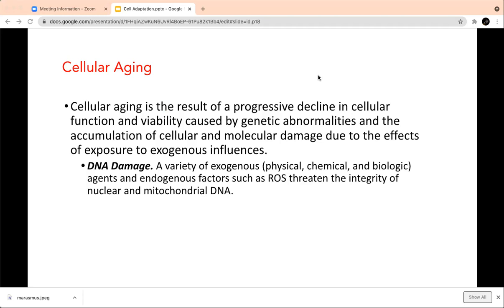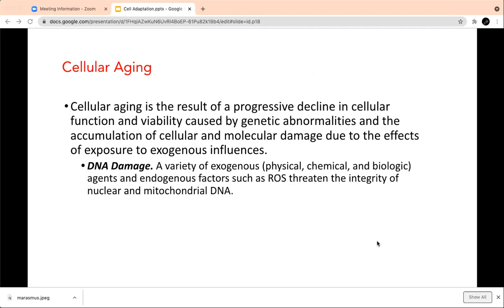All right? So it's an inevitable process talaga yung cellular aging natin. All right? So nag-age tayo kasi yung cells natin nag-age din. Okay? So what is cellular aging? Cellular aging is the result of a progressive decline in cellular function and viability caused by genetic abnormalities and accumulation of cellular and molecular damage due to the effects of exposure to exogenous influences.